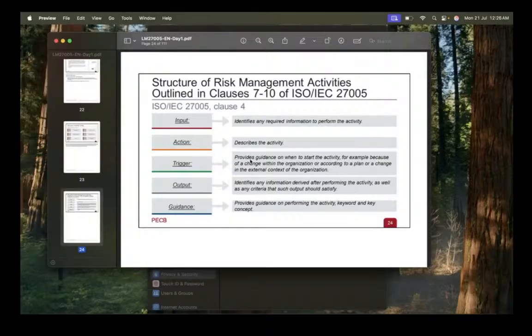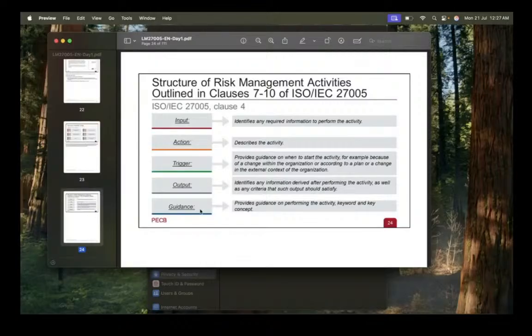So it provides guidance on when to start the activity. Then it gives the final output, which identifies any information derived after performing the activity, as well as any criteria that such output should satisfy. So first input, then action, then trigger, then output, and at the end guidance.